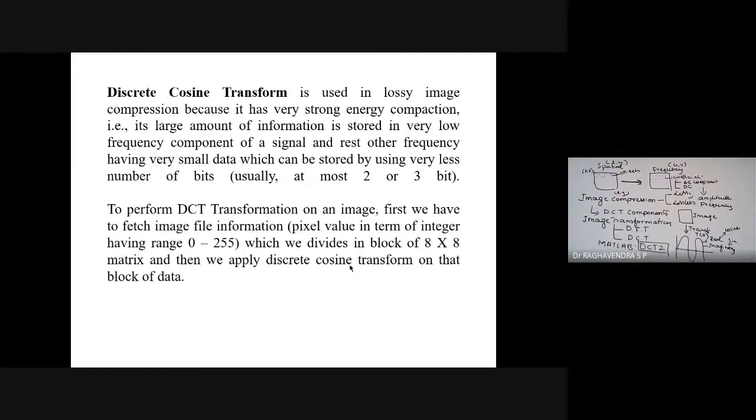So coming back to the discrete cosine transformation, you can use this as one of the components to show the entropy and the energy components, because it is always going to focus on the frequency.